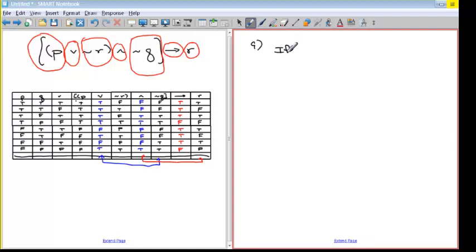So a logical argument consists of some written statements, which are the premises.